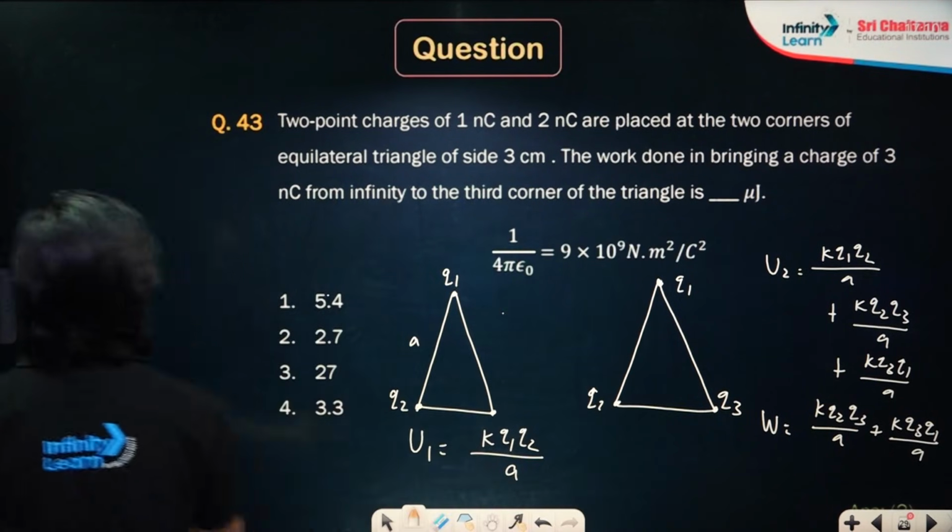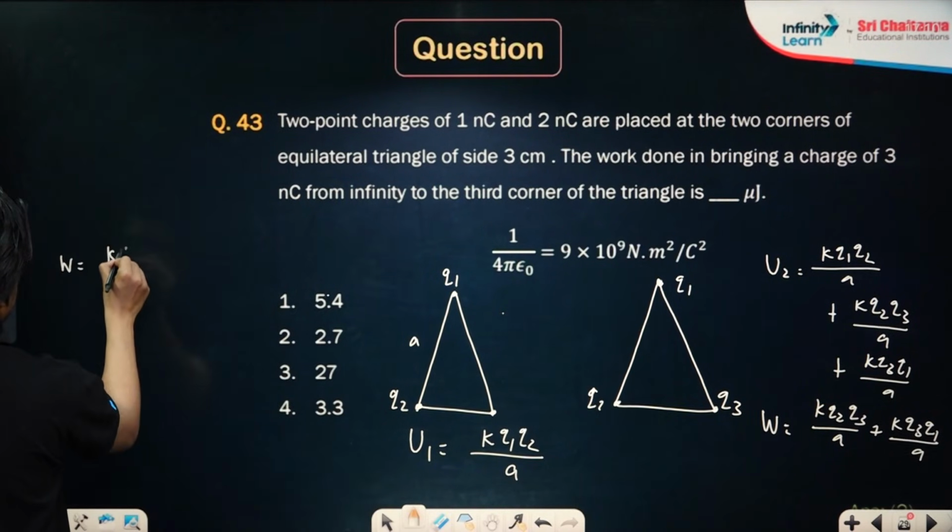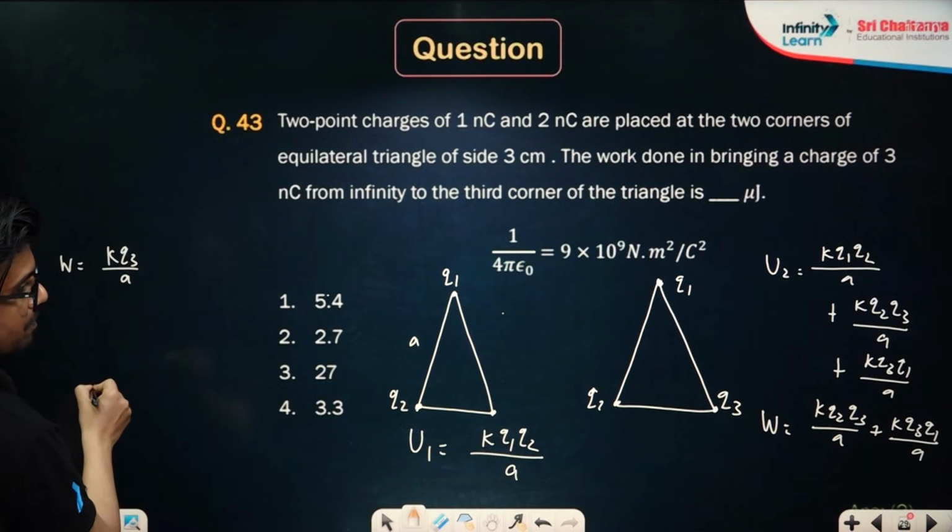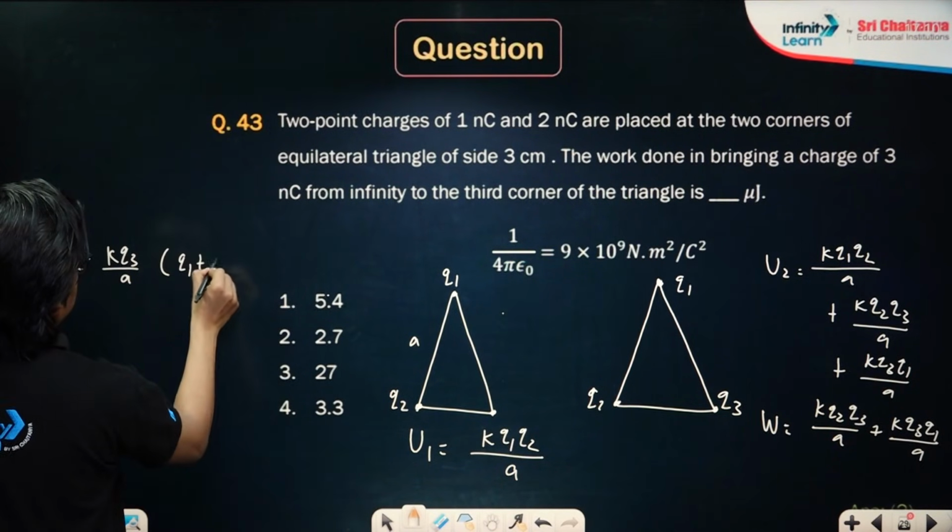So you can write the work done is equal to K Q3 divided by A into (Q1 plus Q2).